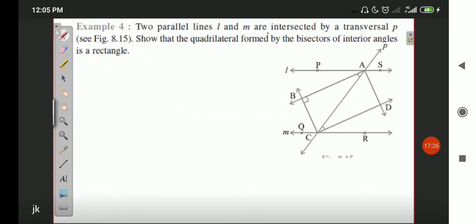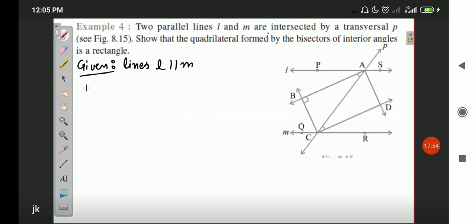So let us start with the given. We are given that lines L and M are parallel, and P is a transversal, nothing much.